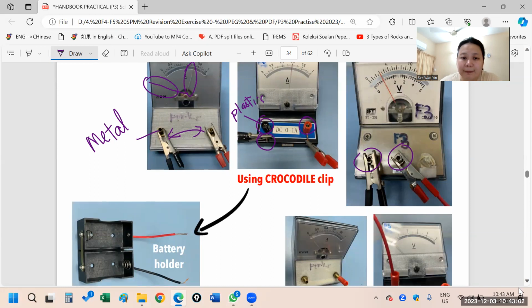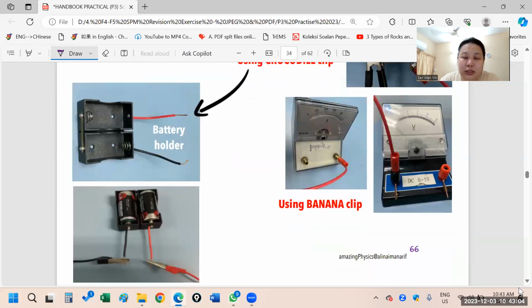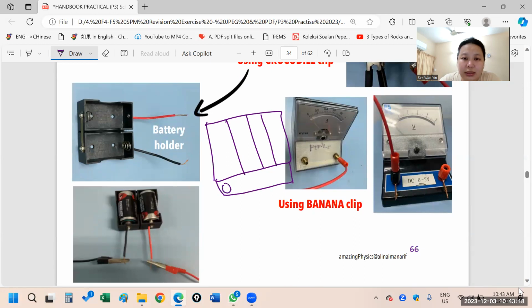Okay, so a battery holder is like this. In our school, I believe all of you have explored the battery holder before. Normally it has 4 slots. Normally this one might be positive, this one might be negative. There are 2 types. Just read and put in your battery.